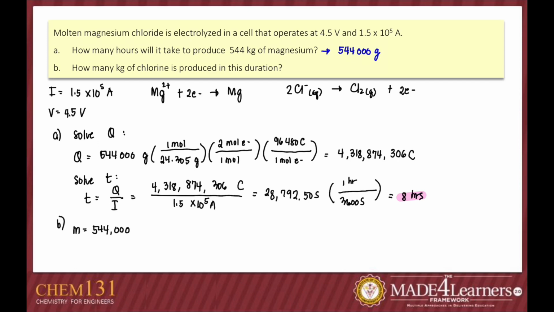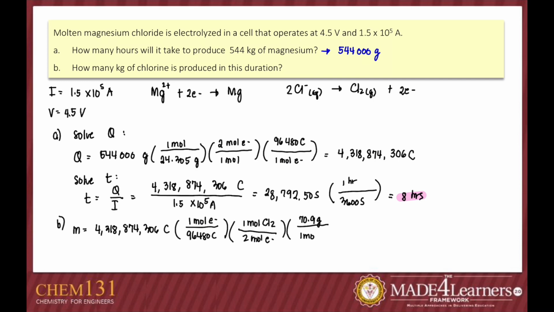It's supposed to be Q. So Q, 4,318,874,306 coulombs, and then 1 mole of electrons for every 96480 coulombs, and then from the half reaction, we can see that for every 1 mole of chlorine, there are 2 moles of electrons transferred, and then 70.9 grams of Cl2 for every 1 mole of Cl2.